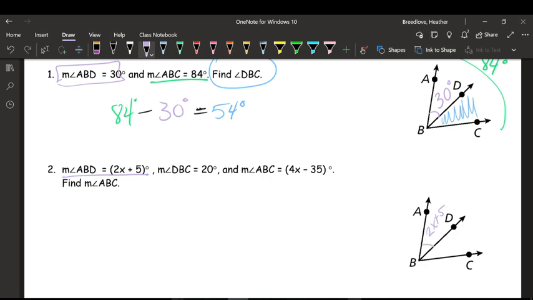All right, back to my problem. The measure of angle DBC is 20 degrees. Okay, I'm going to mark it. DBC, that's right here. That's 20 degrees. And ABC is 4x minus 35. So the whole thing is 4x minus 35.